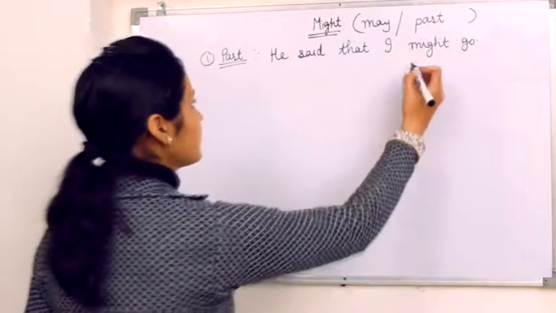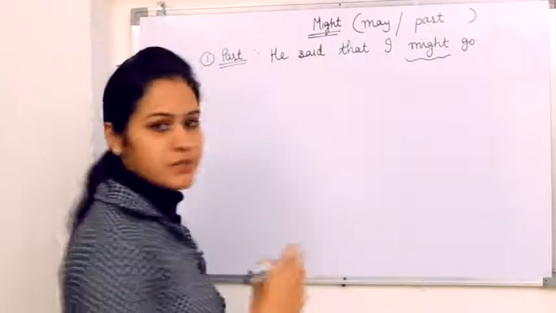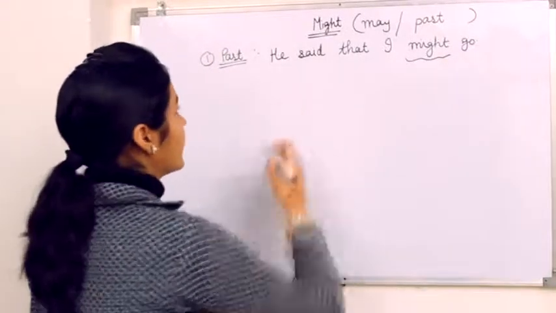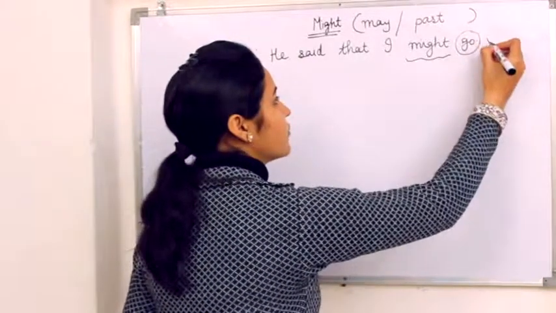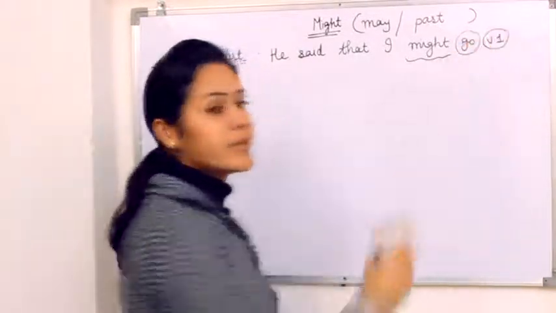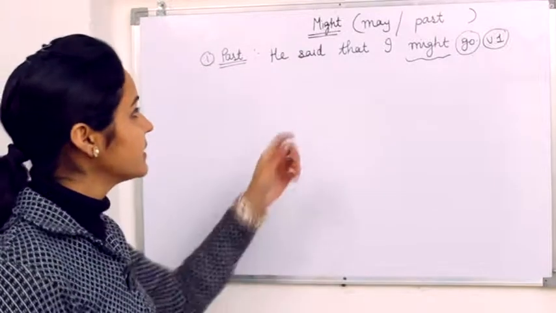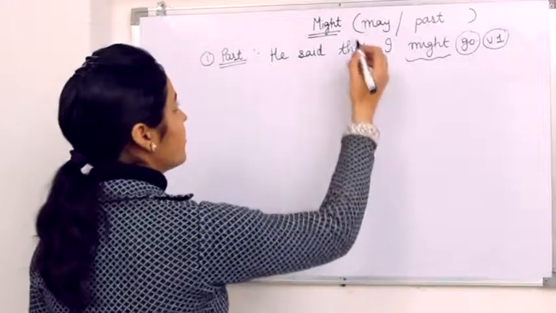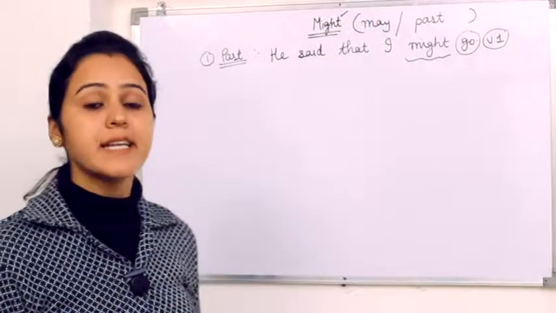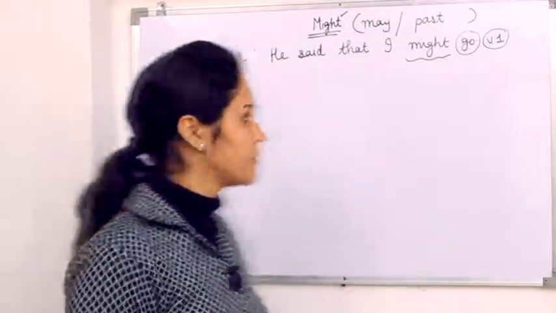So we use might here. He said that I might go, so we use V1 here to complete this sentence. This is related to past, so this sentence is complete in itself.